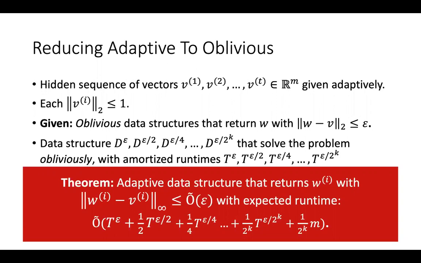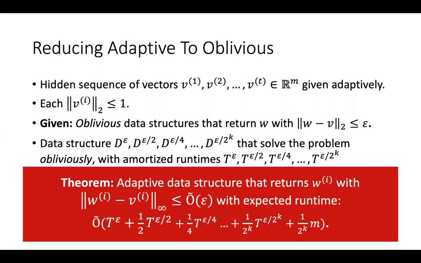The reason intuitively why it's true is because every iteration, we want to get error epsilon. So what we do is we first make a call to D epsilon, the data structure that will return something with L2 norm error epsilon. We call it once, and about half the time, that will be enough information for us to output some w_i, which is good enough, adaptively even.